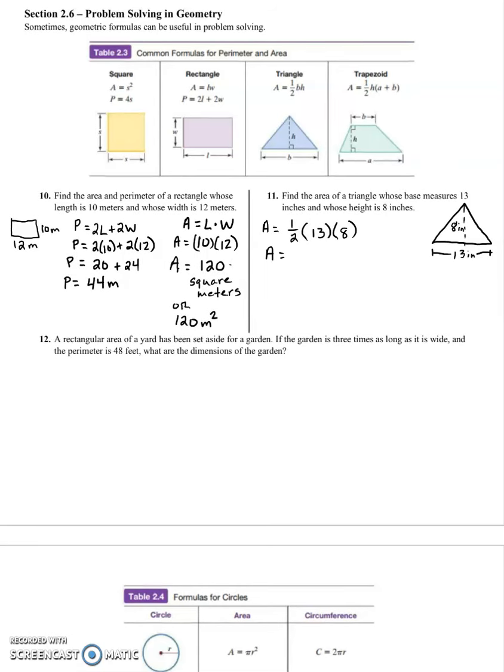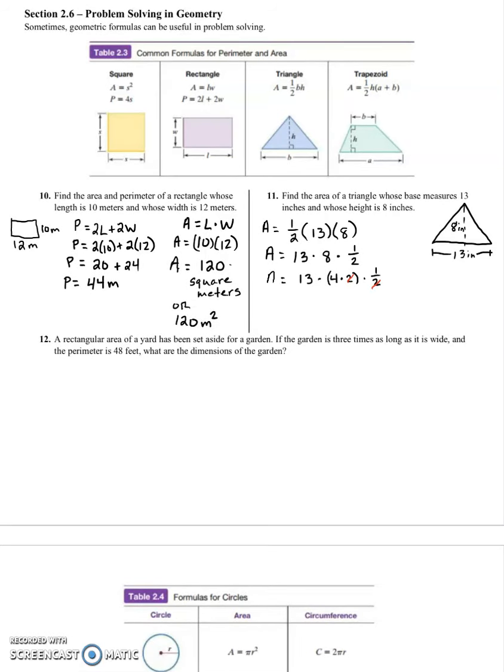Okay, we can multiply numbers in any order. So I'm going to move this 1/2 so that we have 13 times 8 times 1/2. Why did I do that? Well, 13 times 8 is 4 times 2 times the 1/2. Well, our 2's can cancel.